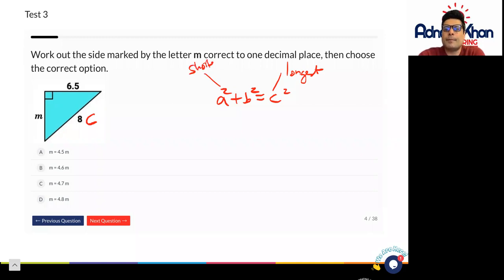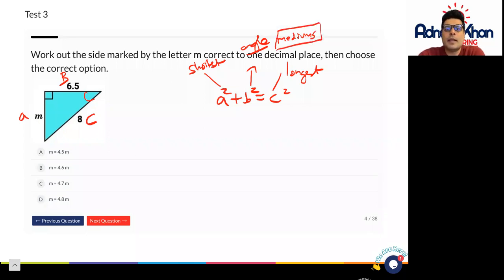So we're going to label this here as A, and B is the side next to the angle. So in this case, if the angle were here, then B would be the side that we're actually looking for. A squared plus B squared equals C squared, and B can also be the medium sized length of a triangle.